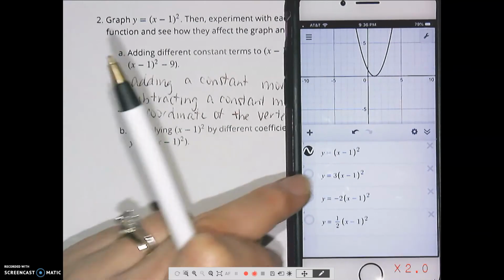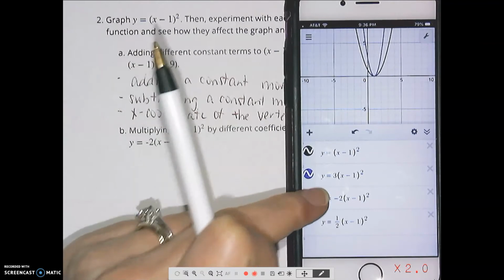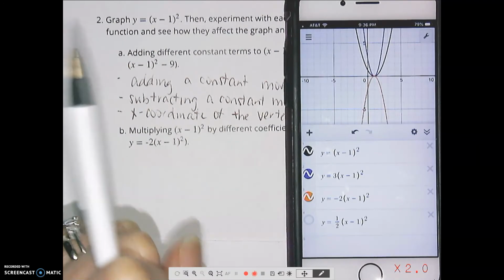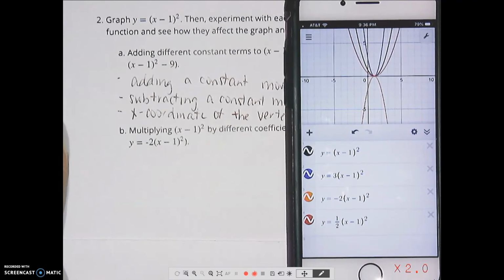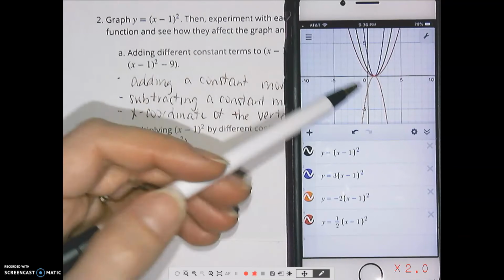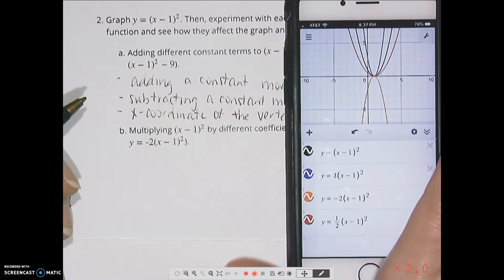Let's see what happens when we multiply it by 3, by -2, or by 1/2. So what happens when you multiply by those different coefficients? We notice that all of them have the same vertex, so it doesn't change the vertex, but it does change whether the graph is wider or narrower, and it changes if it opens up or down.